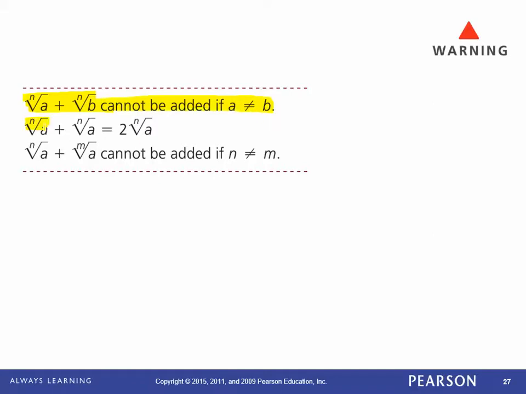If you have two radicals that are exactly the same, then the answer is just a 2 of these, because it's technically one of these plus another one of these. If the index is n for one and m for the other, and the indexes are different but the numbers inside are still the same, you still can't add them, because the index has to be the same and the radicand has to be the same.